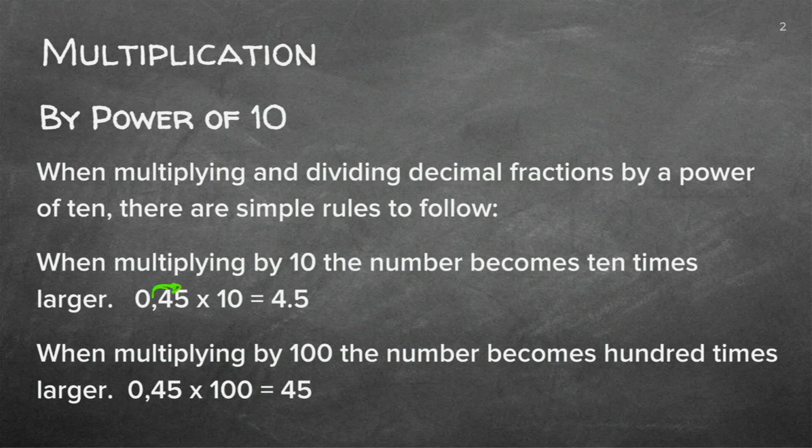When multiplying by 100, the number becomes 100 times larger. So if it's 0.45 and we multiply it by 100, we move the decimal point 2 places to the right, and our answer will be 45.